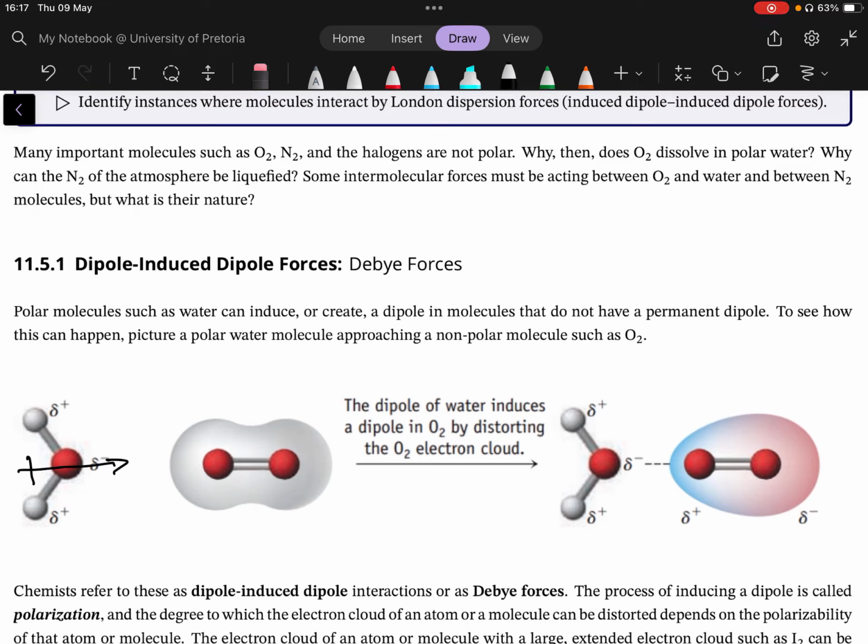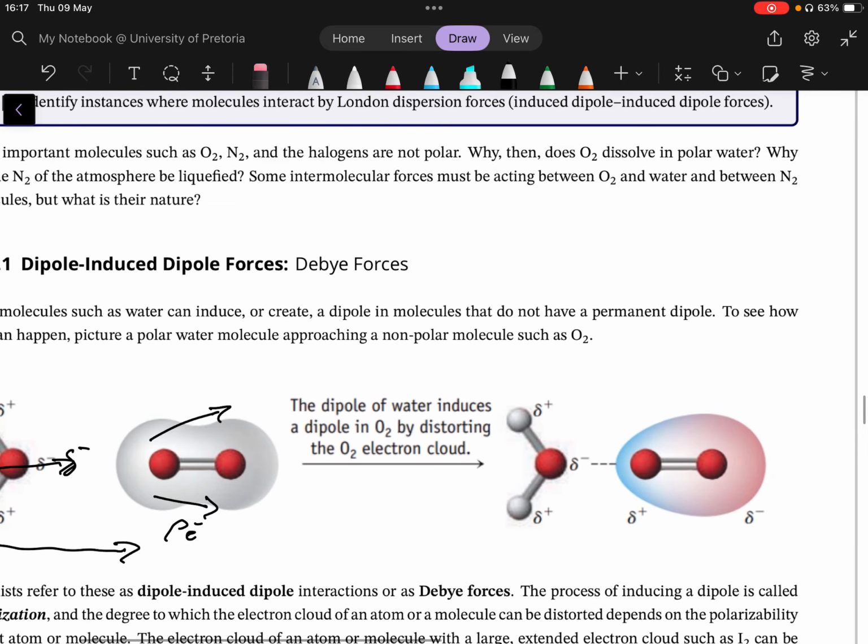What essentially happens is if the water approaches the oxygen molecule, because this side is negative, and again think of it like a magnet, it pushes all the, I'm going to use the symbol rho, that's all the electron charge, towards the right and induces a sort of distortion. By pushing all the charge to the right, it induces a polarity.